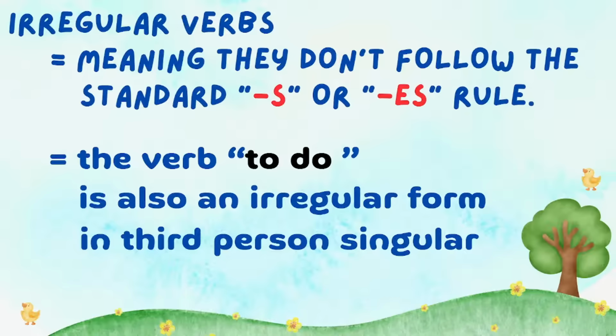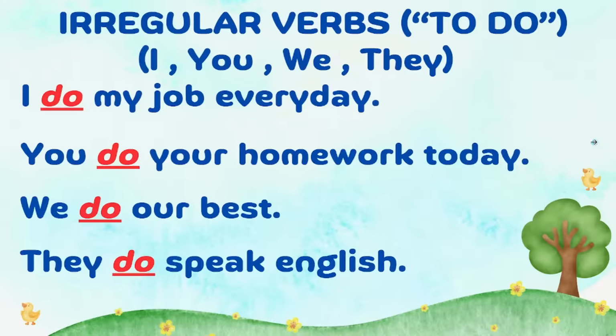We are done with the irregular verb to have, and now we are here with the verb to do. Still the same. They don't follow the standard rule that you will add s or es. Let's have an example for this.